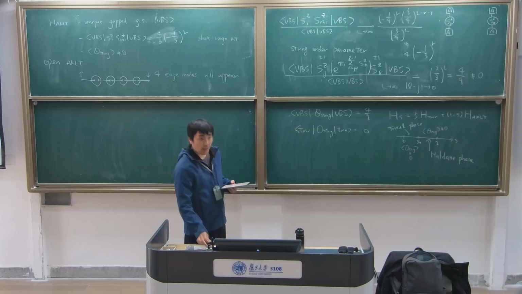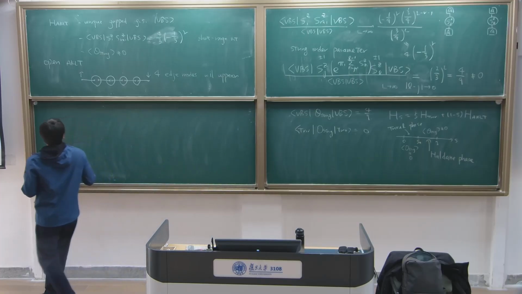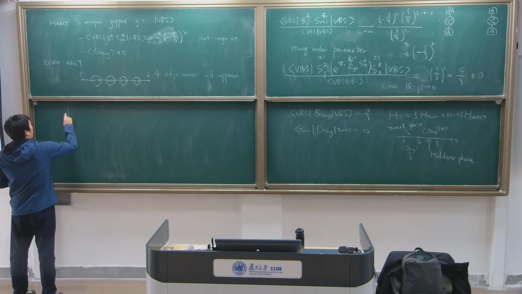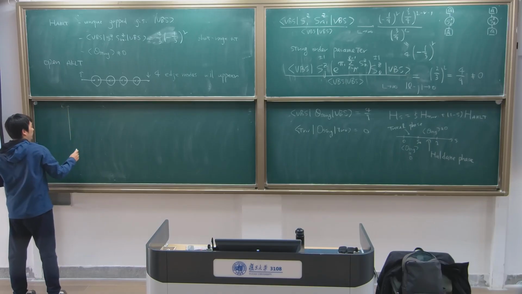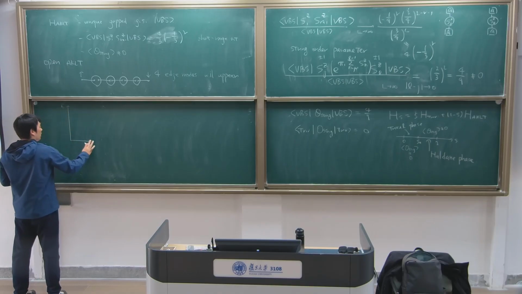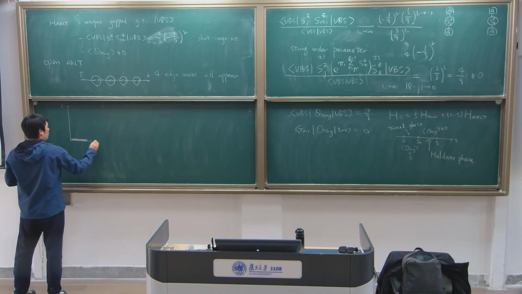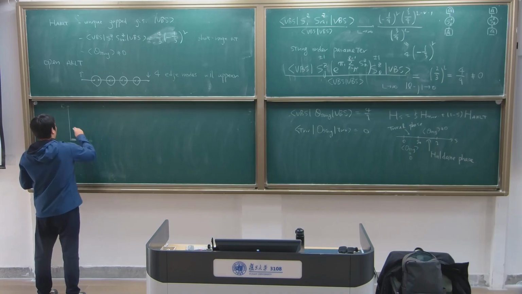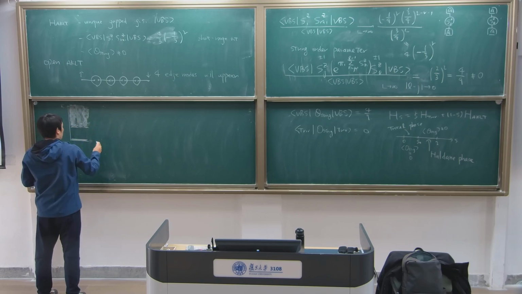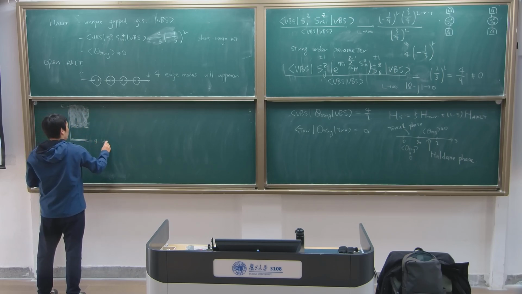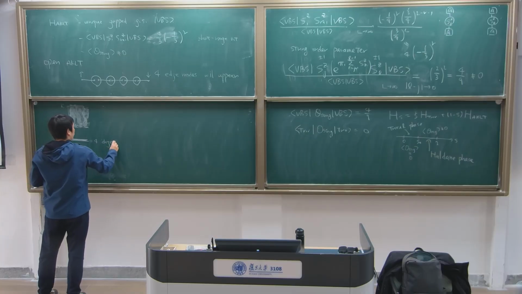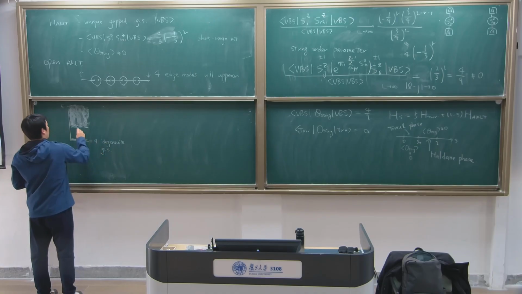So what we have is the energy spectrum here, and the ground state is a fourfold degenerate ground state, and then a gap.